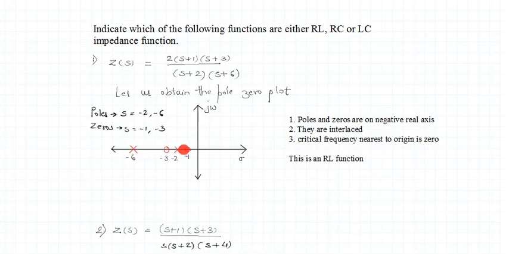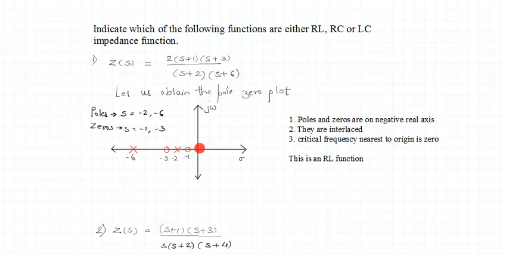The third important property is who is closer to the origin, a pole or a zero. For the given transfer function, it is the zero which is closer to the origin. This is the analysis that you need to do.